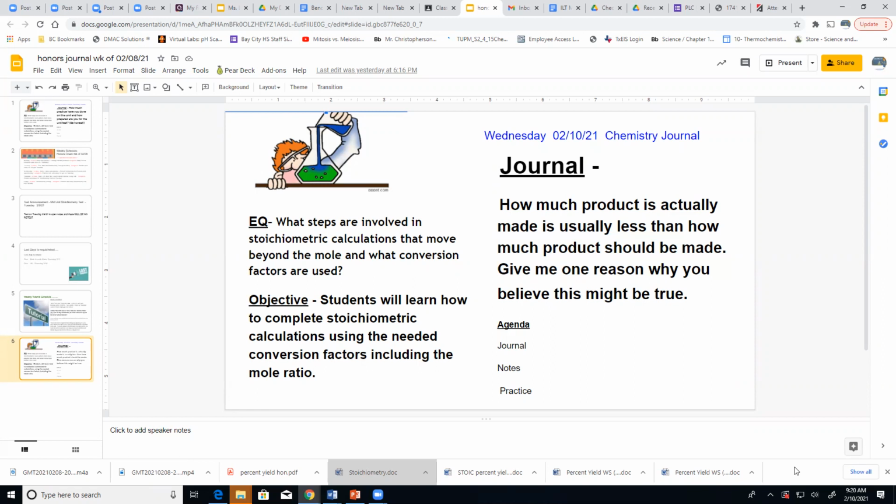And you can figure out by stoichiometry how much of a product should be made if I start off with a given amount of reactants. But usually, in real life, less product is made than what we calculated it to be. And my question to you is, what could a possible reason be? Why do you get less product than what you think you're going to actually get?